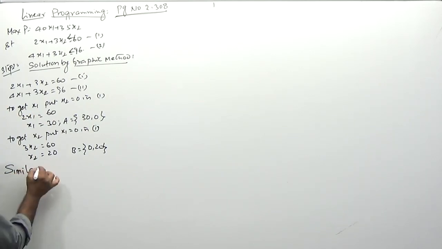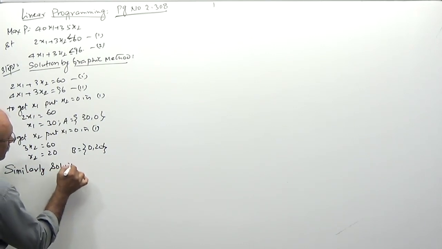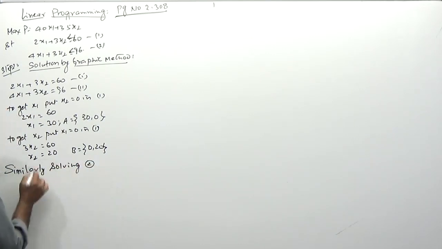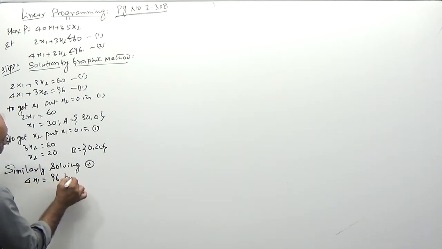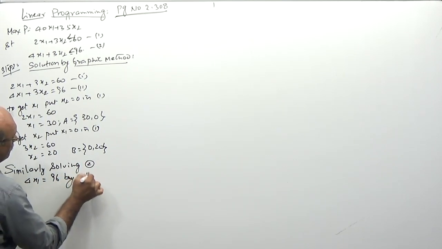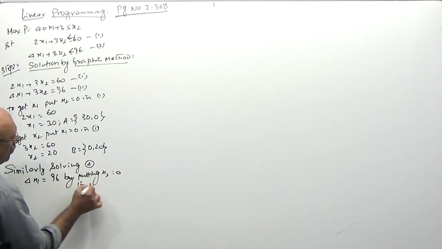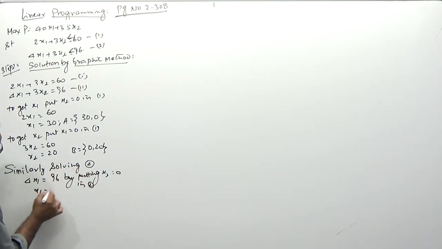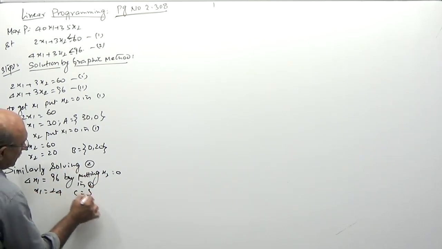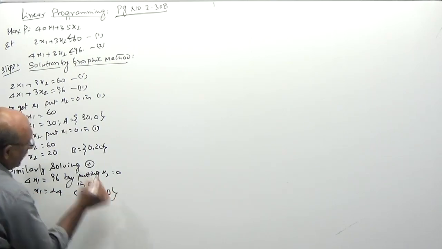Similarly, solving equation 2. When I take x2 as 0, 4x1 is equal to 96, so x1 is equal to 24. This is (24, 0).